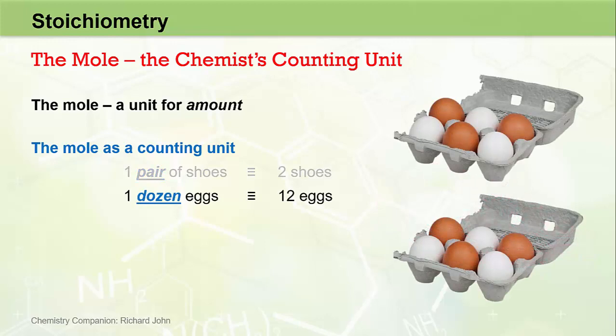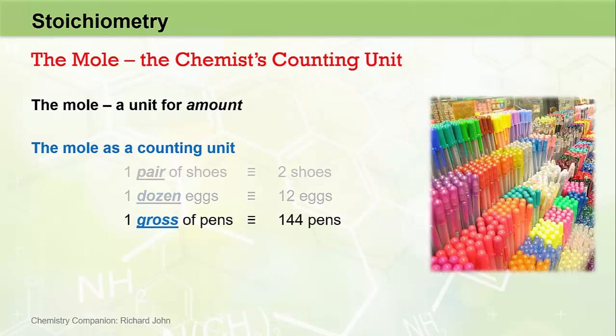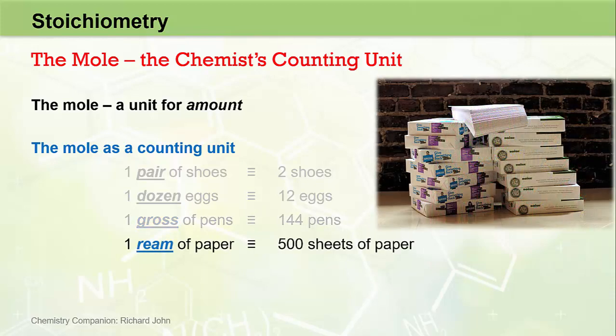You also know that 1 dozen eggs is equivalent to 12 eggs. And you may know that 1 gross of pens is equivalent to 144 pens, and 1 ream of paper is equivalent to 500 sheets of paper. All of these are convenient counting units that we use to help us quantify large or relatively large numbers of objects.